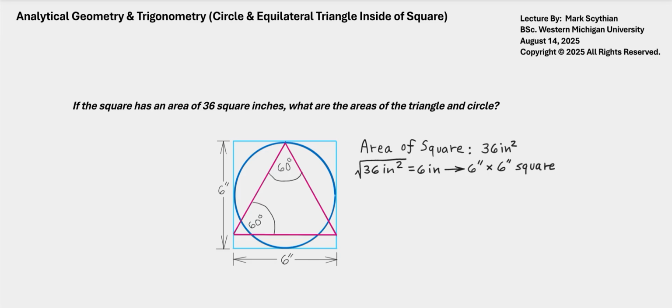So equilateral triangle, again, has 60 degrees per side. All triangles have 180 degrees. That is opposed to a scalene or isosceles triangle or even a right triangle. But if we were to bisect our equilateral triangle, now we'd have two right triangles, or two 30, 60, 90 triangles.